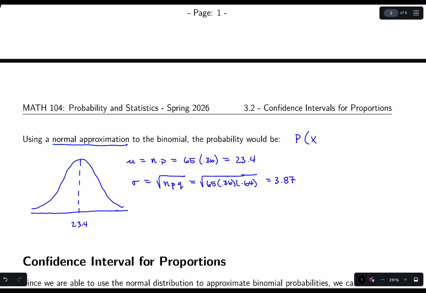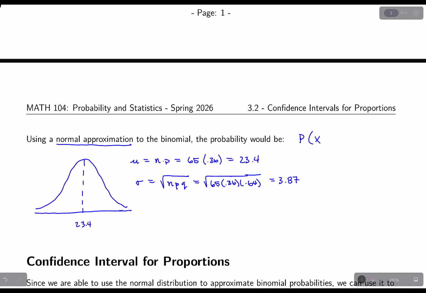So the number of people in this sample has got to be greater than 25. So it's still the same probability we're looking for. What that's going to look like here, 25 is somewhere over here to the right of 23.4, obviously. And then we're calculating even further to the right of that, so beyond that value, because it's a greater than.